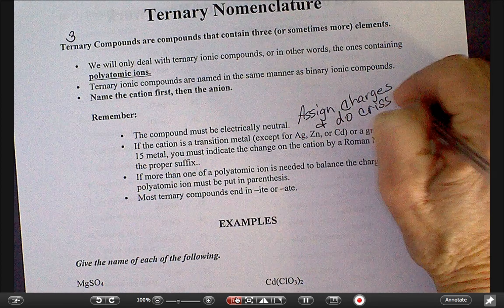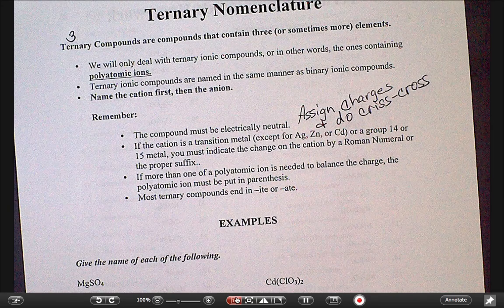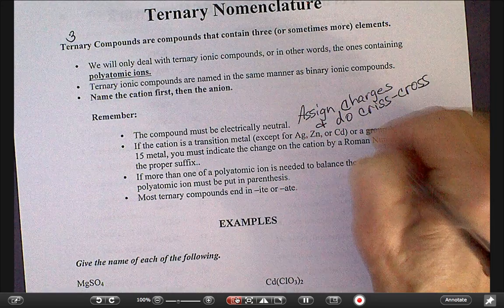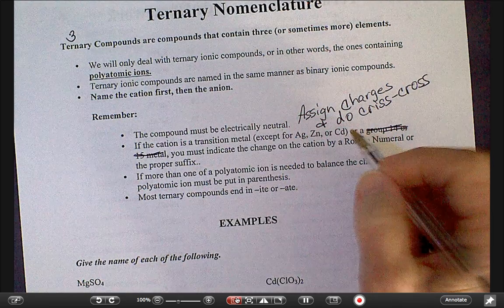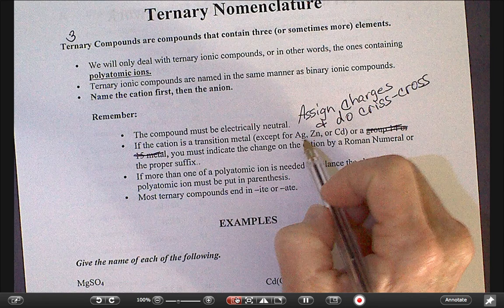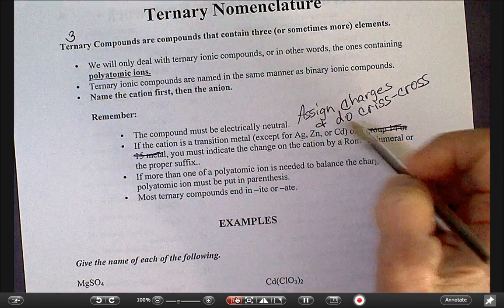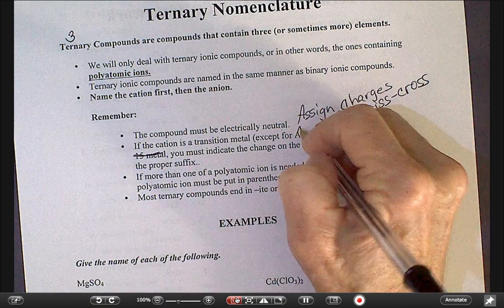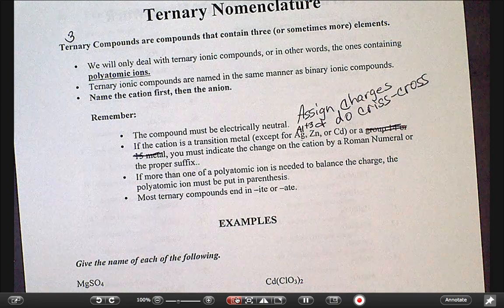Crisscross. Okay? Alright, mark this out. Remember, aluminum is written in stone as a +3. You can put aluminum up here as a +3 so you don't get confused.